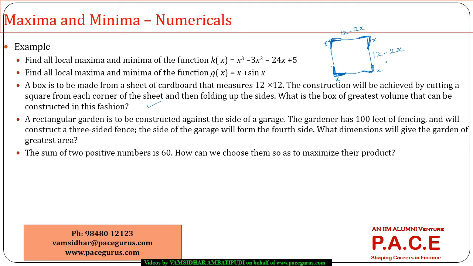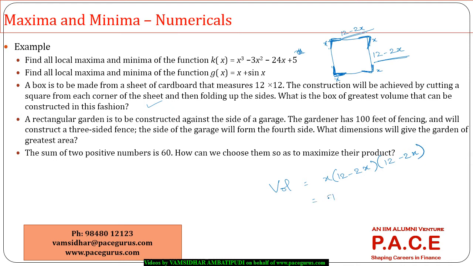So the length of the box will become 12 minus 2x. The width of the box will become 12 minus 2x. And the height of the box will be x, because that x is folded upwards. So what is the volume of this particular box? Length into breadth into height. So the volume of this particular box is x into 12 minus 2x into 12 minus 2x.